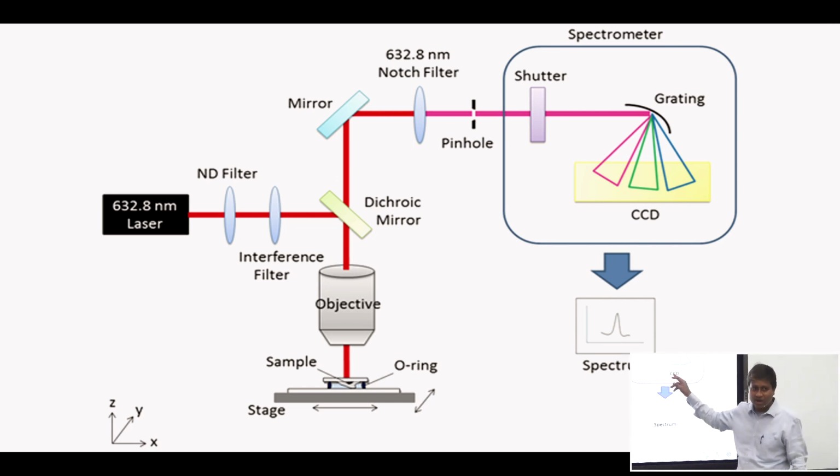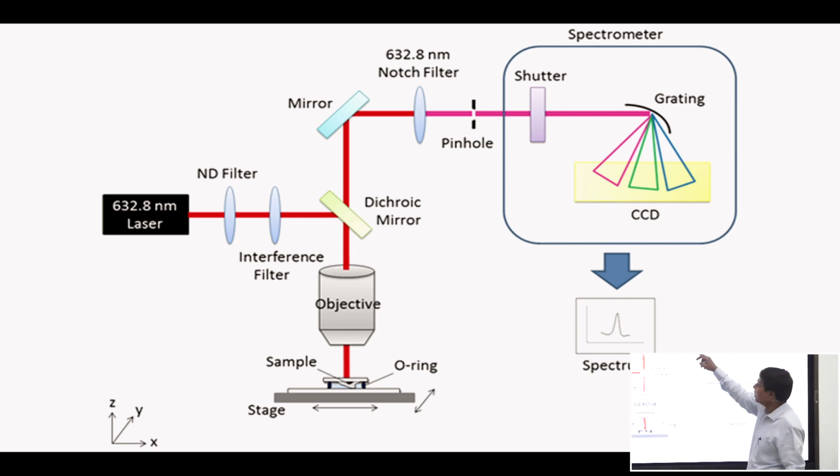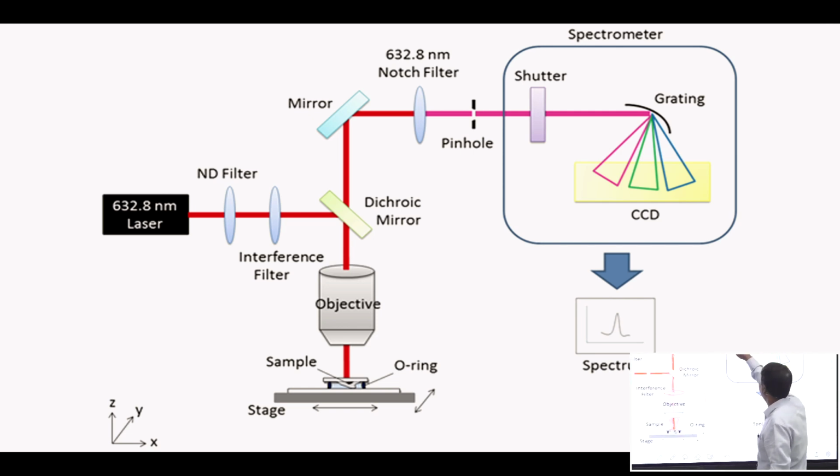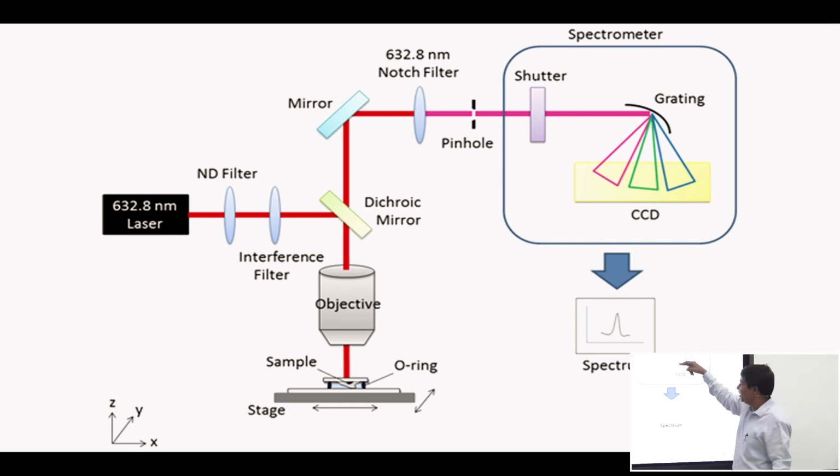So it is a confocal Raman microscope, where the pinhole is necessary. Then you take it to the grating for the spectrum. The CCD is the detector, the grating is the spectrometer, and then you get the spectrum.